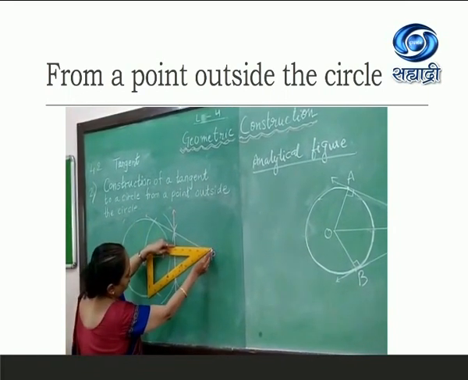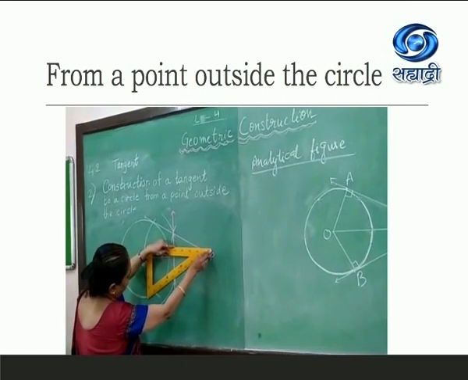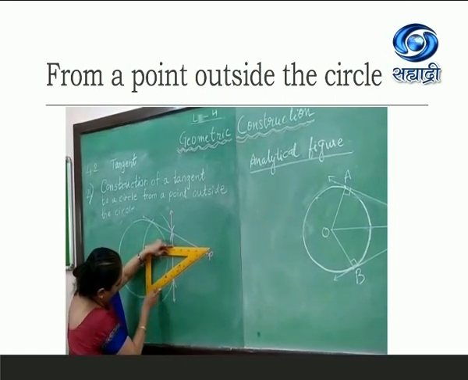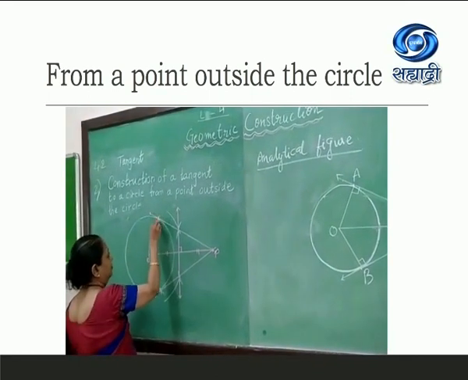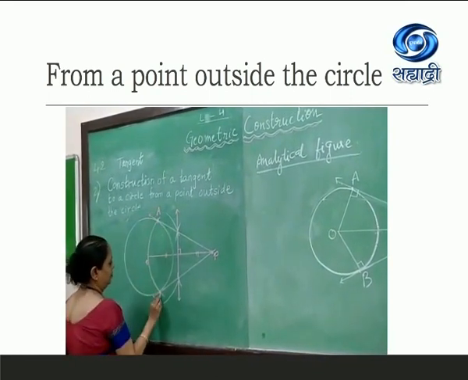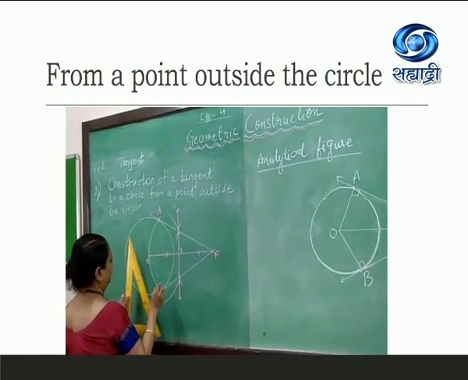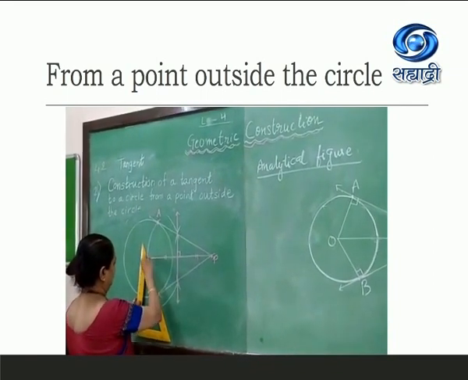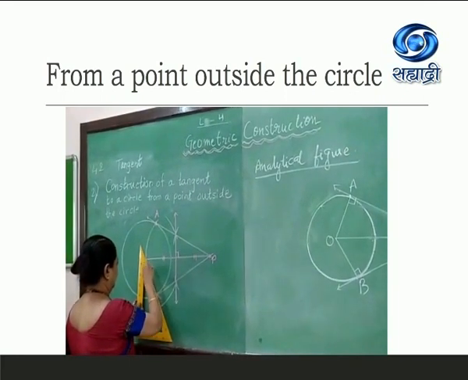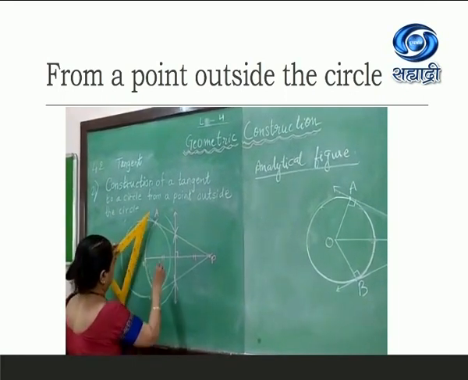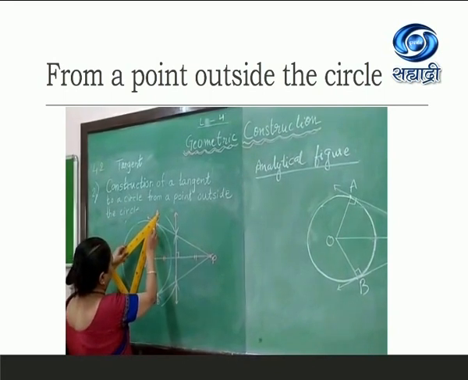These are the rays starting from P, touching the circle at points A and B. So these are the two tangents drawn to the circle at points A and B.